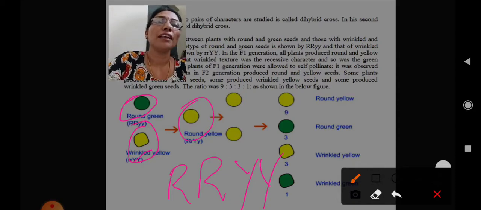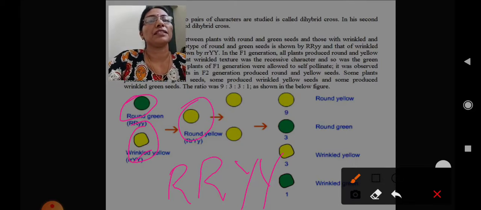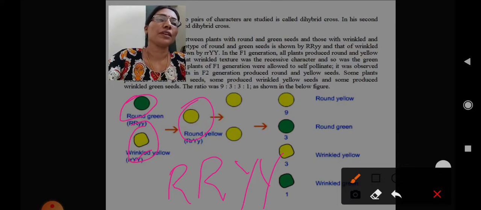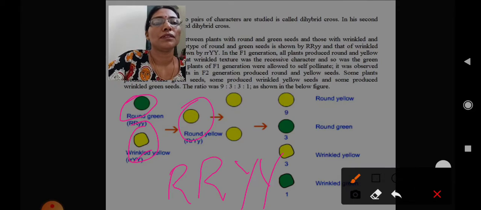Now the F1 generation round and yellow seeds undergo self-pollination. When we allow the plants to self-pollinate, then in the F2 generation, that is the second generation, we can see some variation in the seeds. Some seeds are round yellow, like in the first generation. Some seeds are round green, as in the parent generation. Some are wrinkled yellow as in the parent generation, and some are wrinkled green also.